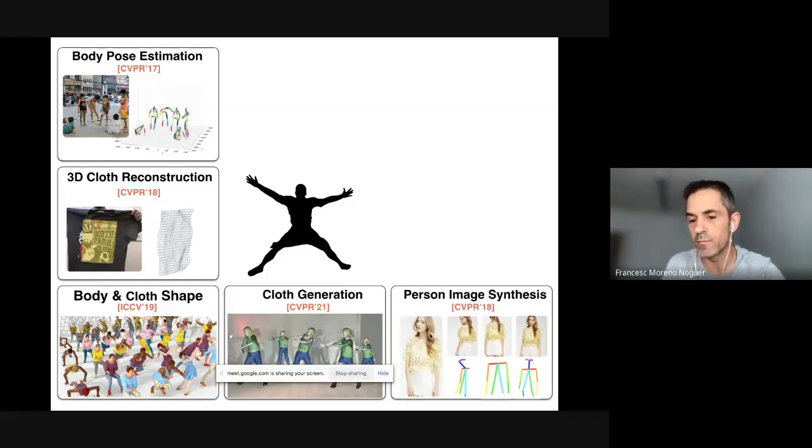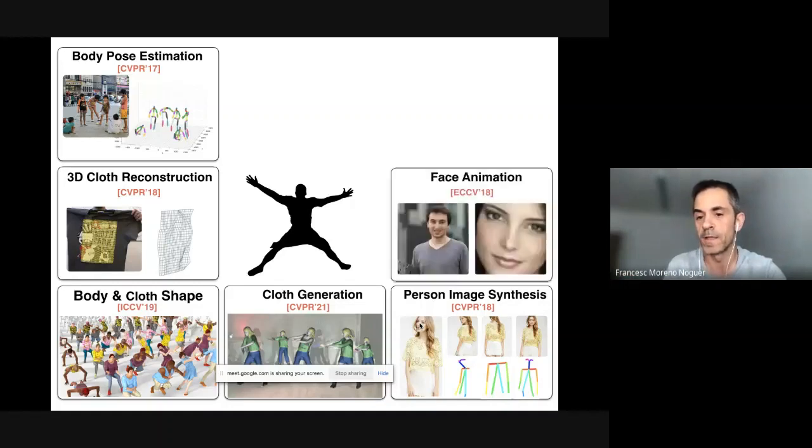Let's say that we have a person from one specific viewpoint, and we designed the method to recover the image of this person as it would be seen from a different viewpoint. Here, a work on face animation. Again, from one single image, we were able to generate animations of this person.